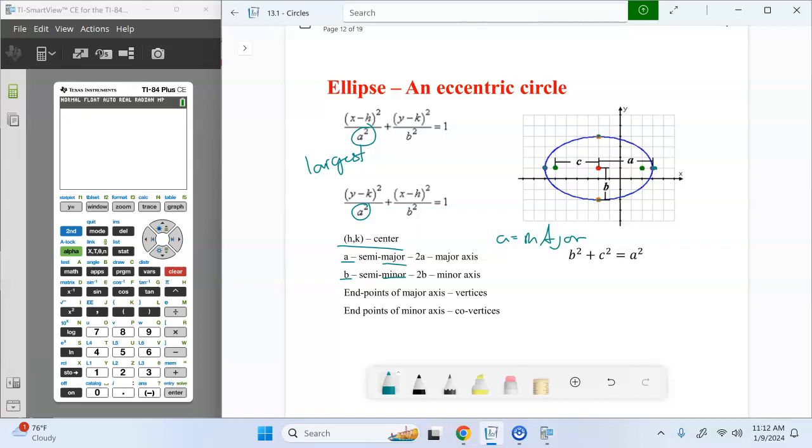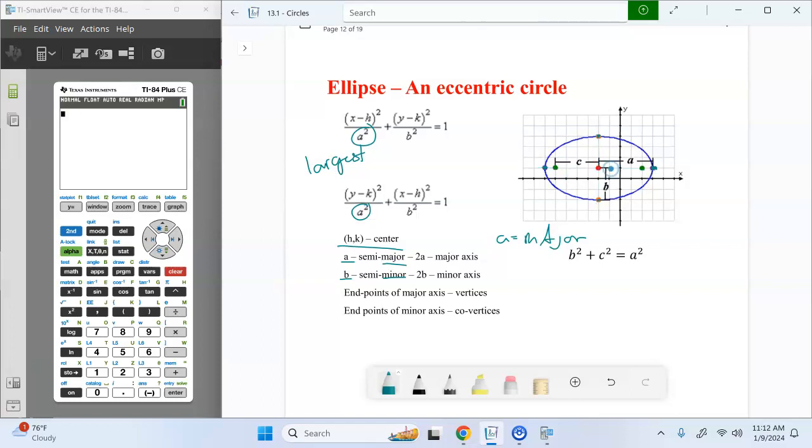Across the short end of the ellipse, the endpoints of the minor axis are the co-vertices. So we have 4 vertices, the major ones, and then the co-vertices. B, again, refers to that minor axis. B needs to be smaller than A because this distance is smaller than this one.